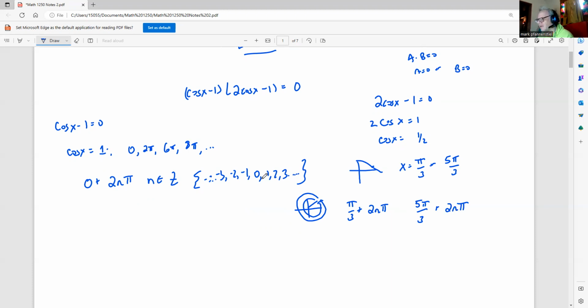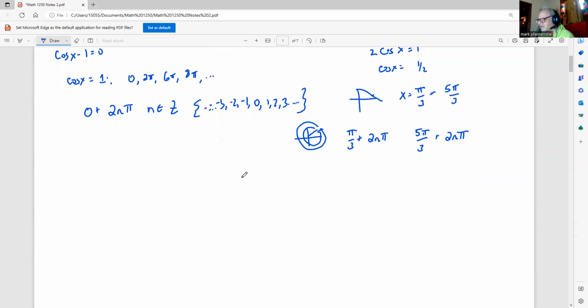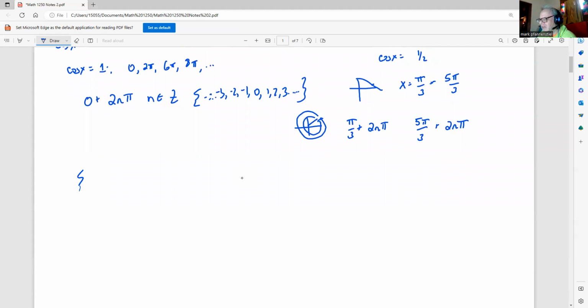Right now our answers for just one time around a circle are 0, pi over 3, and 5 pi over 3. If we want to go multiple times around a circle, then we're going to have 0 plus 2n pi, pi over 3 plus 2n pi.